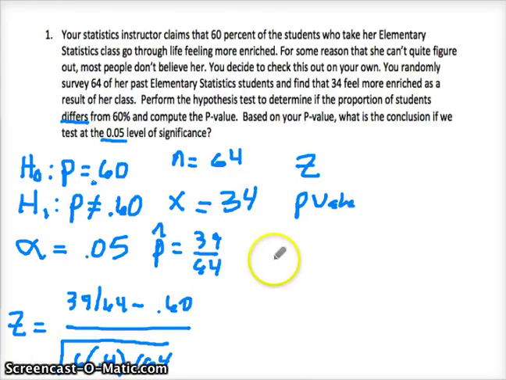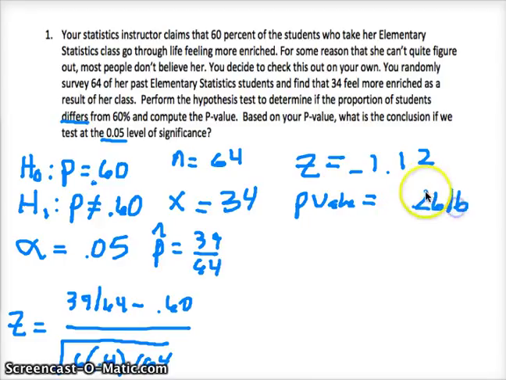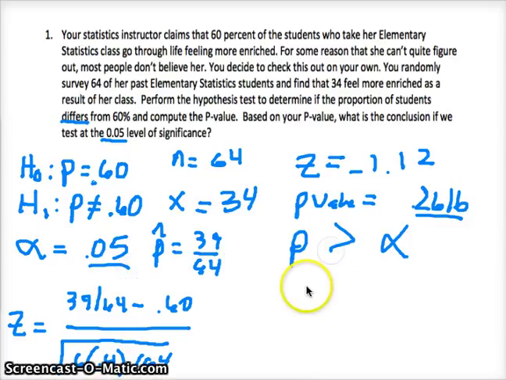We calculated the value, and our z was negative 1.12. And our p-value, this is an important item, is 0.2616. All right, now let's compare the p and the alpha. P is what? This value is greater than that value, so cannot reject, no reject. And that means just accept the current condition.